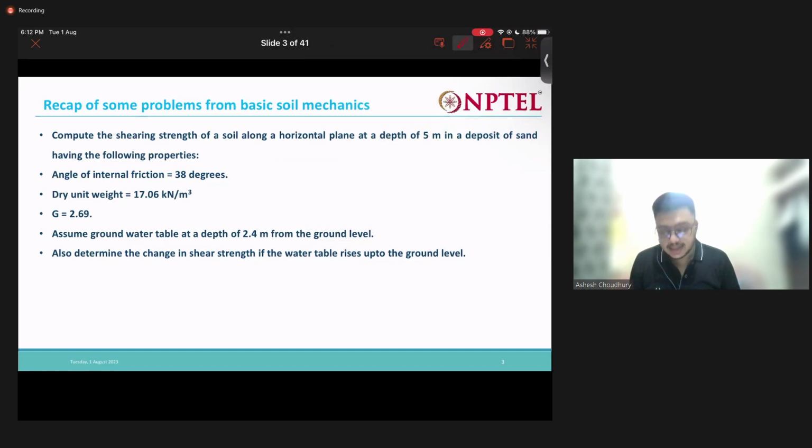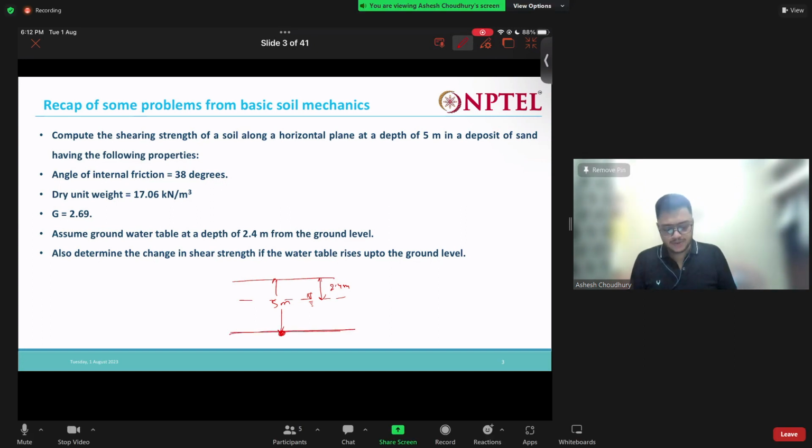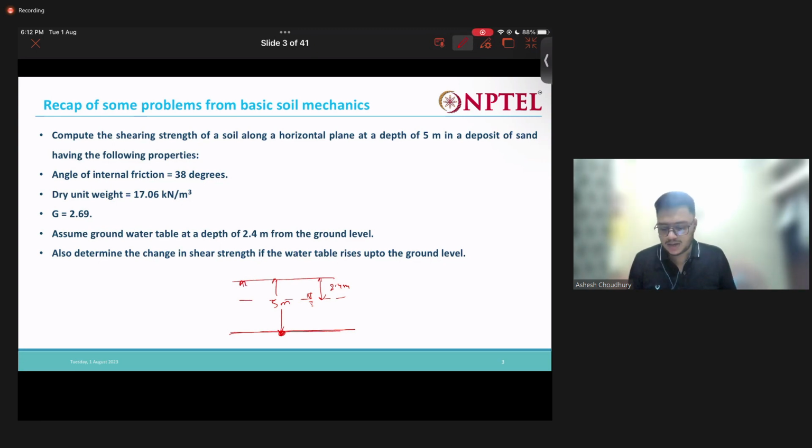There is a sand layer which is 5 meter deep, and we have water here, 2.4 meter. So you need to find the shearing strength of soil along this horizontal plane at a depth of 5 meter from the ground surface, right?